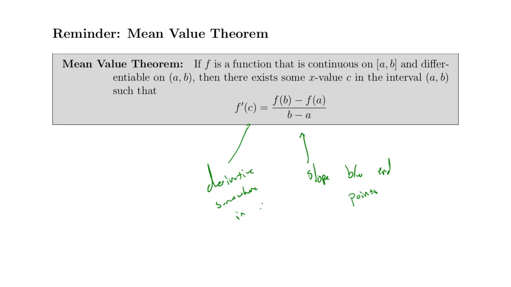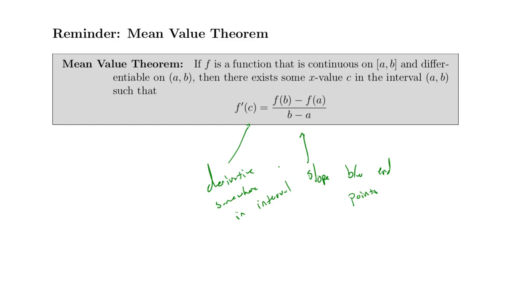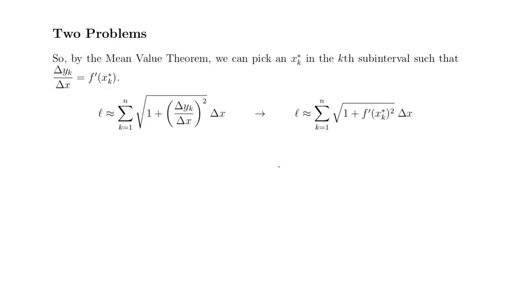Oops, let me fix this. There we go. So we have our slope between the ending points. We want to come up with a function output of some single point in the interval, and we can use the mean value theorem for this. So what we're going to do is pick that c value, that point that satisfies the mean value theorem, to be the point where that average slope is equal to the instantaneous slope.